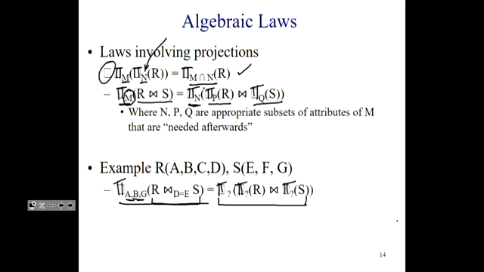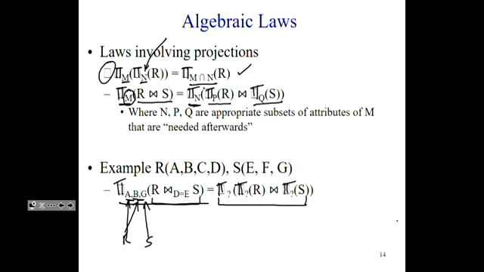Once again, like selection, I want to push the projection down as far as possible. Notice here that A is part of R, B is also part of R, G is part of S, right?